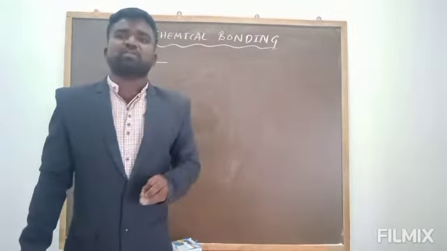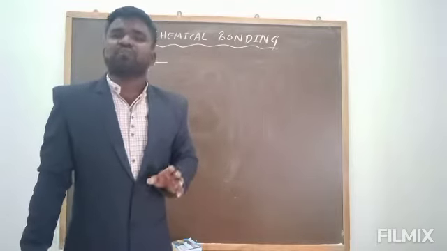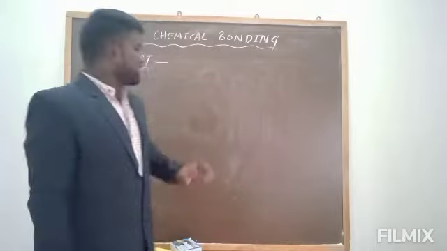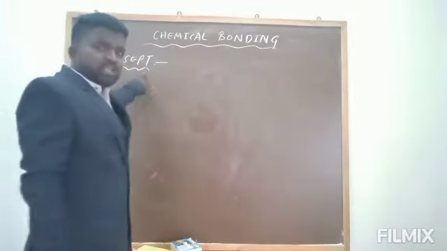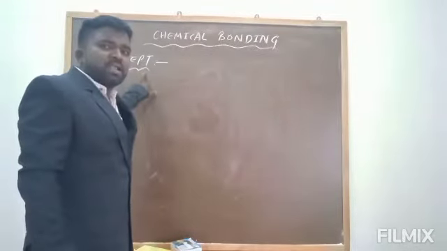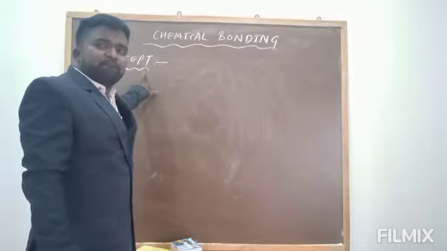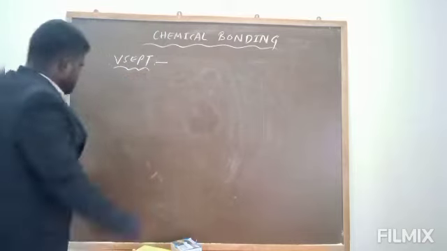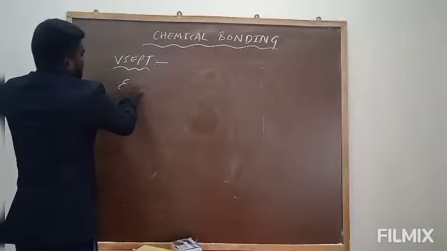Those electrons decide the shape of the atom or the shape of the molecule. So according to VSEPR theory, the shape of the molecule is decided by the valence electrons.